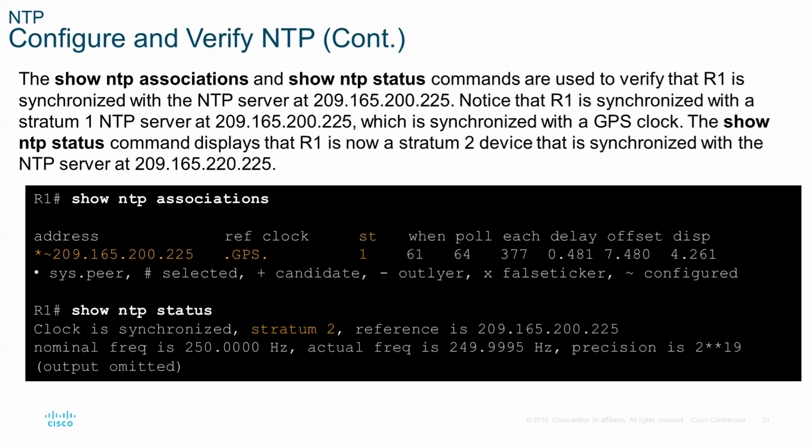And if you use show ntp status, it will tell you this device is synchronized with a stratum X. In this case, it's a stratum 2 device, and it tells you the IP address of the device, and then its frequency and precision.